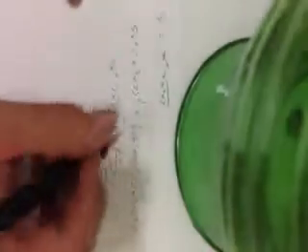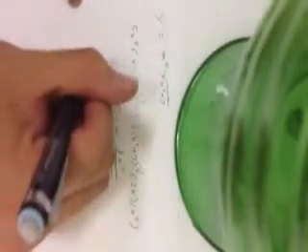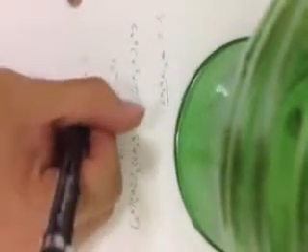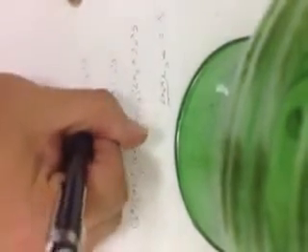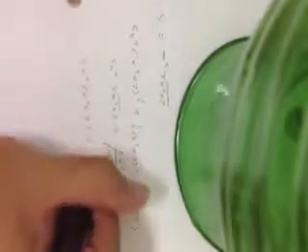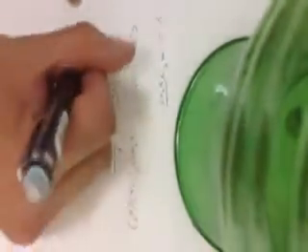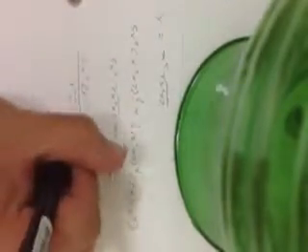The 2's can cancel out, and we can also try to get a common denominator and get 5x to the 4th times (x squared plus 7) plus x to the 6th, over the square root of x squared plus 7.